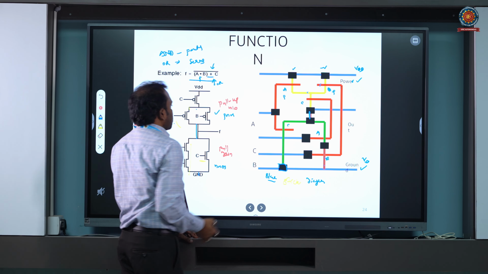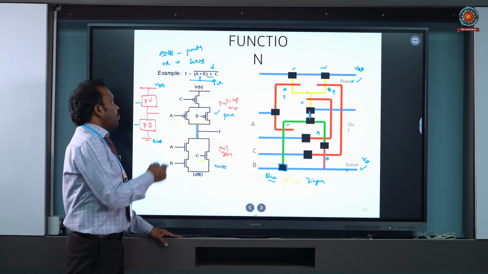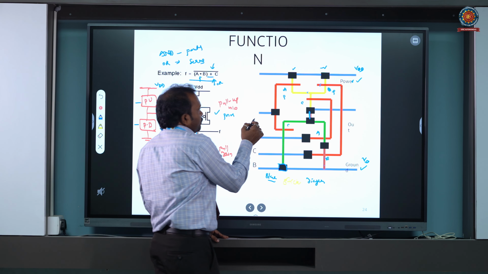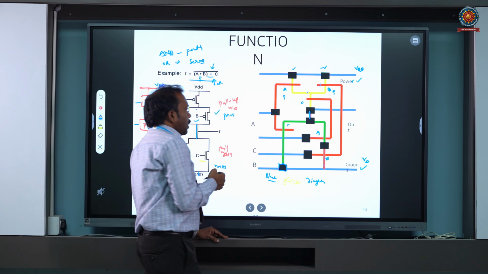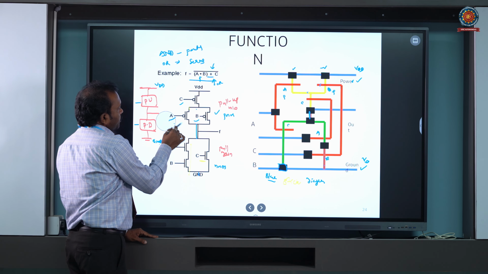Now this is what we made as the connection between the pull up network and the pull down network. Now we apply the inputs, A, B, C. Now this is input A, and the same combination can be used.